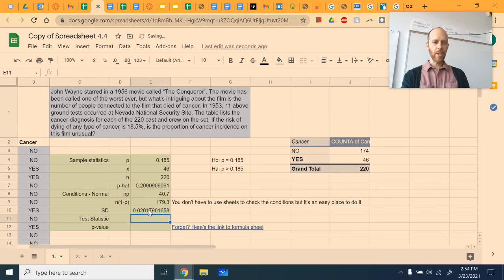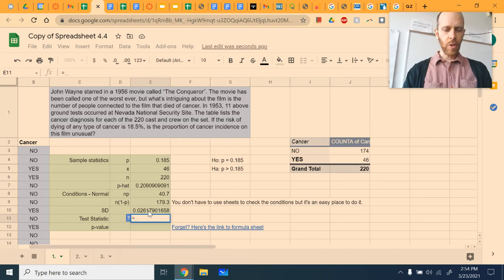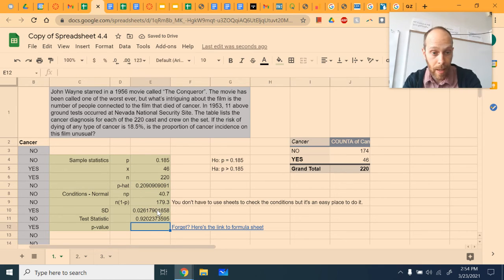So our standard deviation is about 2.6%, and our test statistic is going to be p hat minus p divided by the standard deviation. So it'll look like that. Okay, so our test statistic z is equal to 0.92.